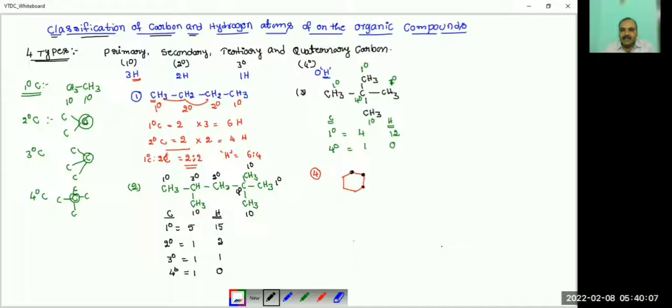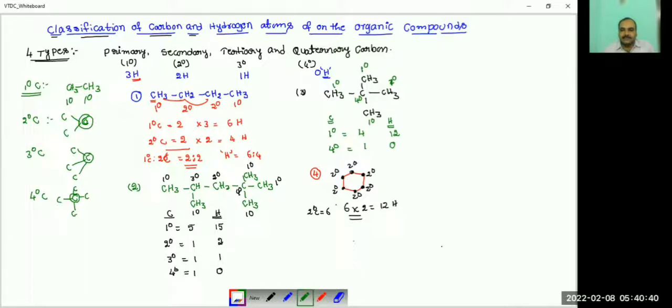Each carbon atom is bonded with 2 carbon atoms, so all are secondary carbons. Secondary carbons are 6, and each carbon contains 2 hydrogens, so 12 hydrogens are present.